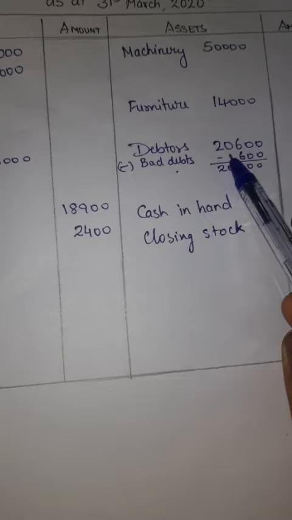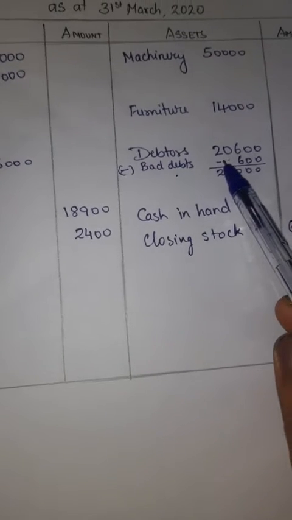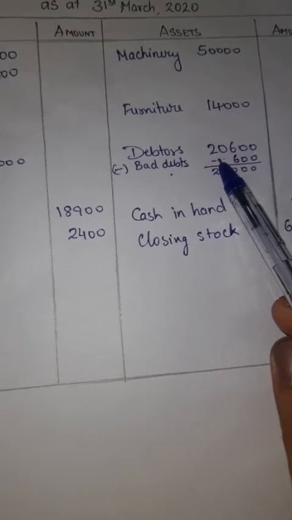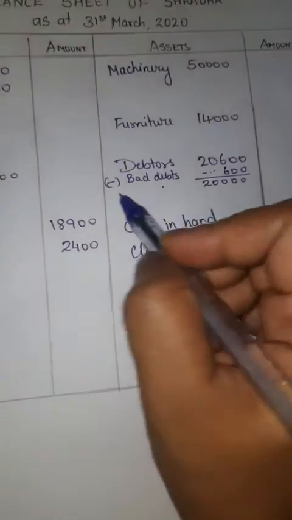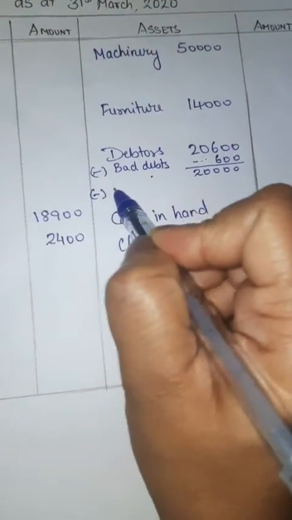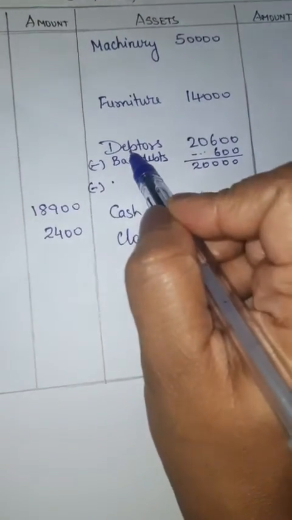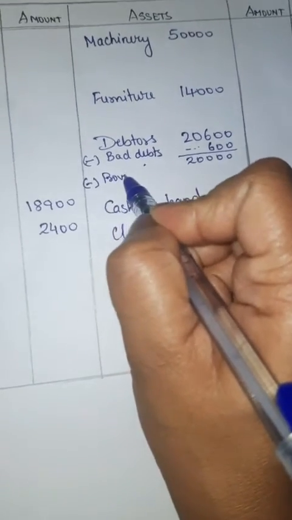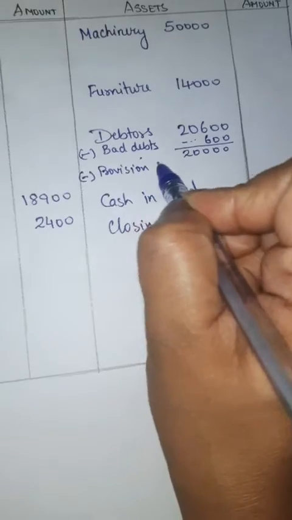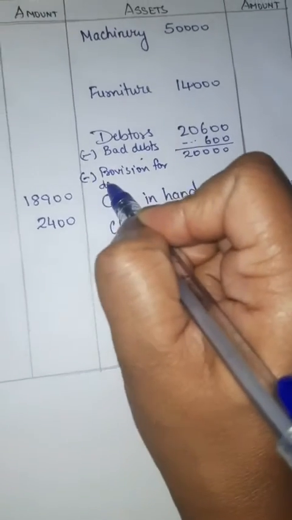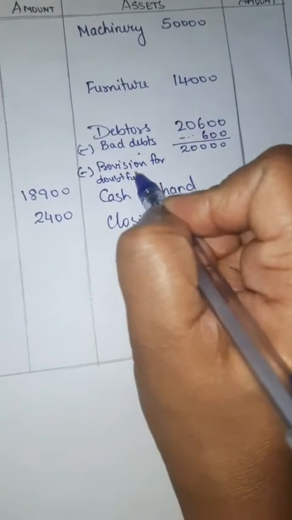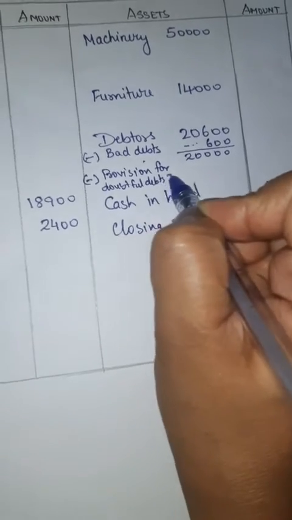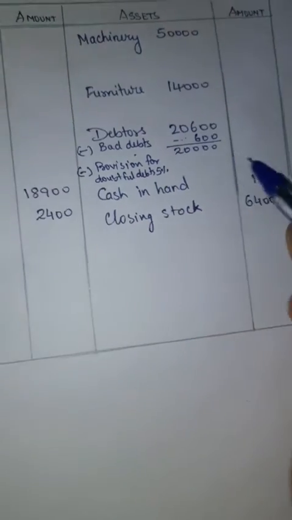So for such losses we prepare ourselves by creating a provision. That provision is an item which we have to deduct from debtors. So write down here, provision for doubtful debts. Okay, 5% is what you are asked to prepare.